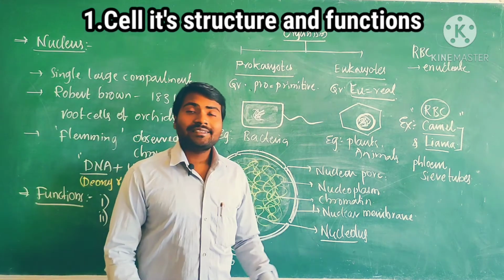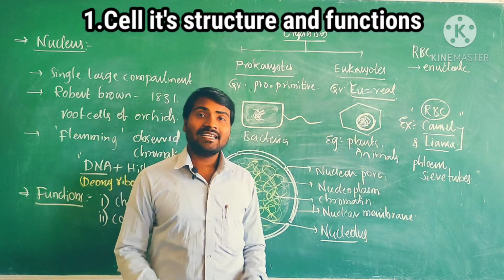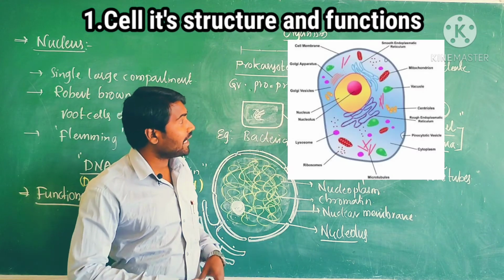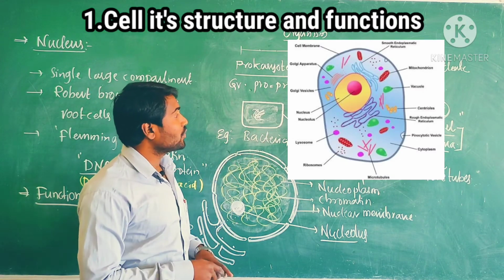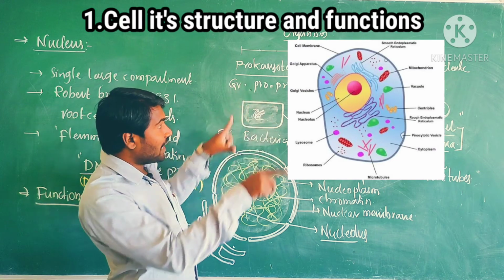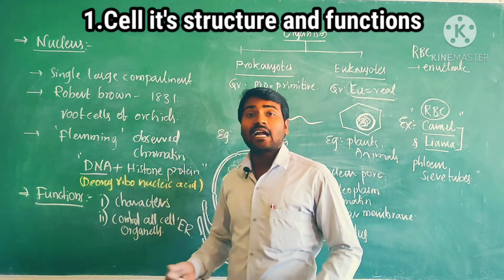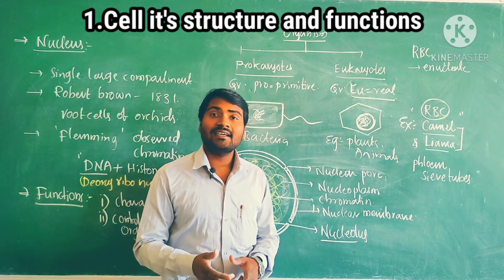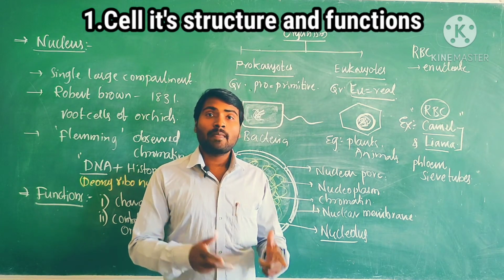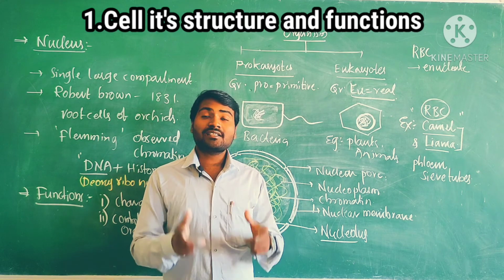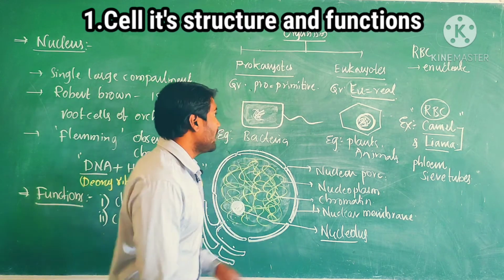The nucleus which is present inside the cell, we can see in the beautiful diagram of the cell. That nucleus is going to control the whole cell. Hence it is also known as the cell's control room, boss of the cell, master of the cell. That point we have to remember.